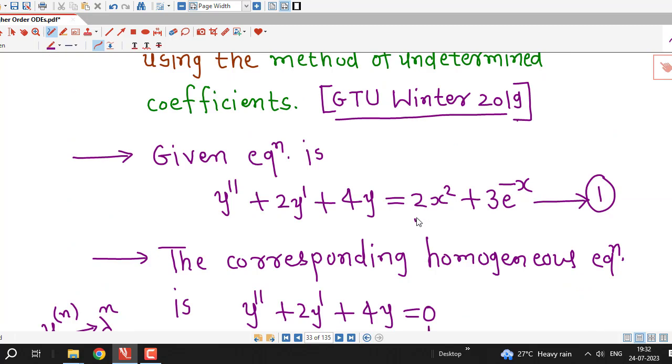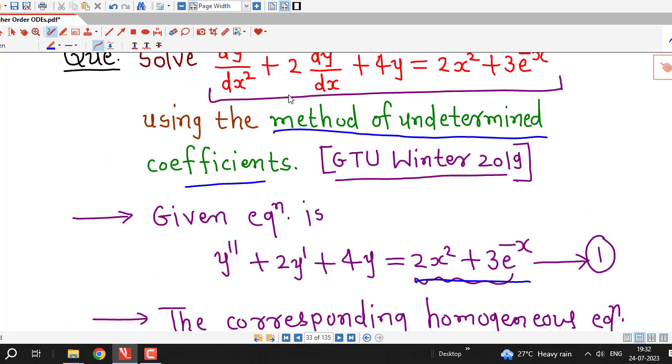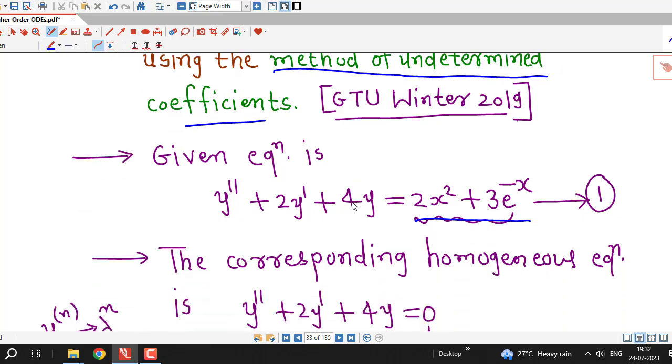Now the second step is to determine the particular solution of this differential equation, and for that we have to use the method of undetermined coefficients, because they have specified that we solve this equation using the method of undetermined coefficients.